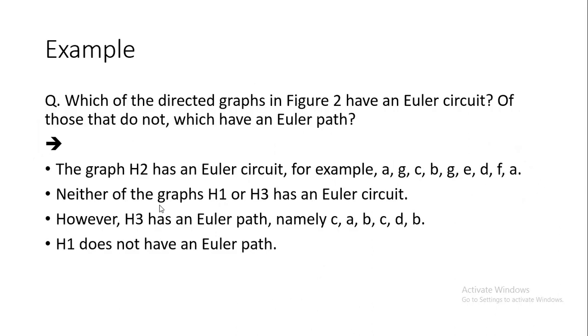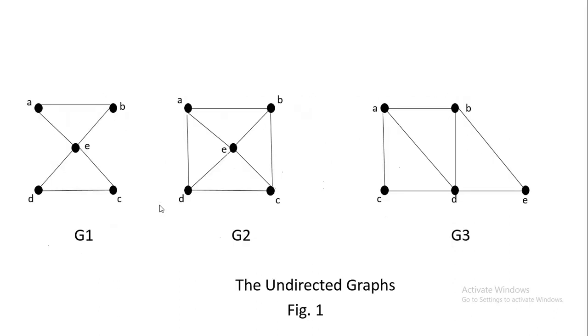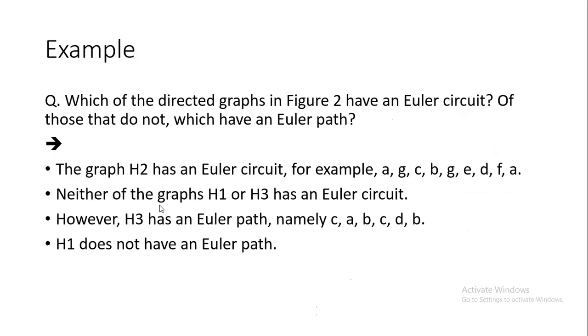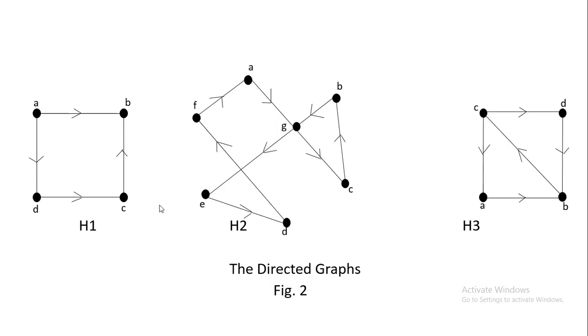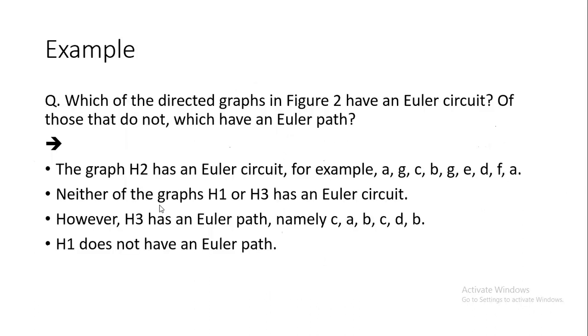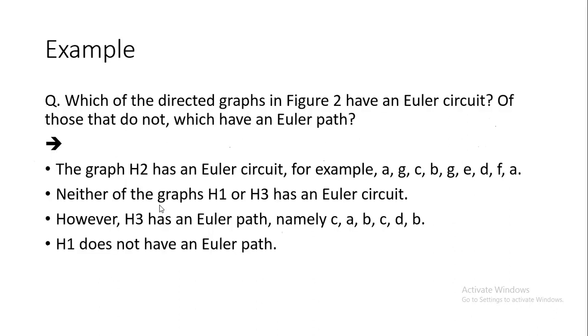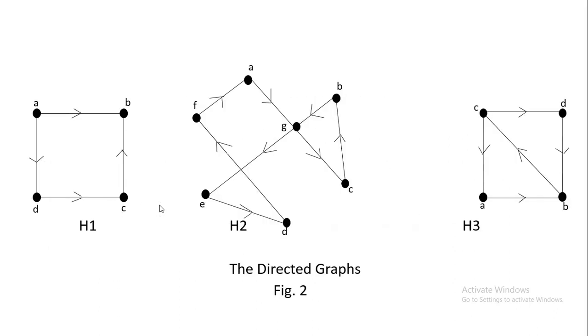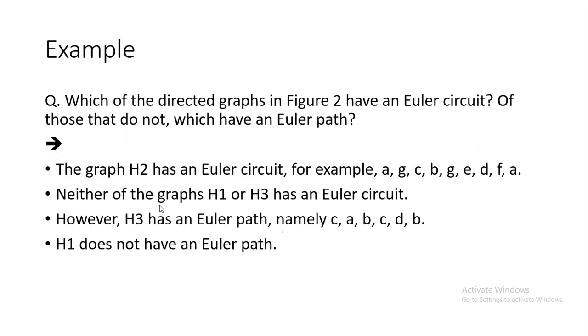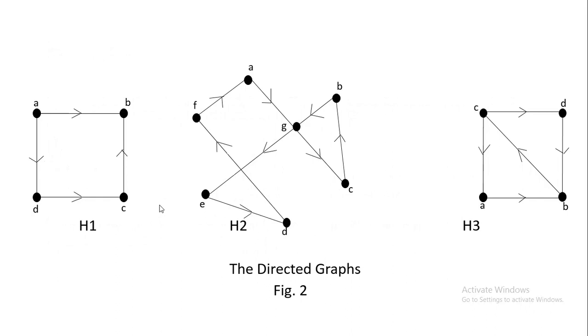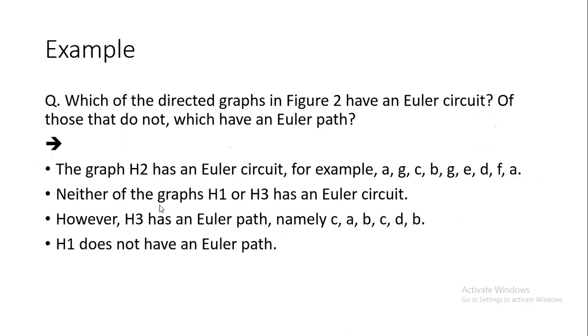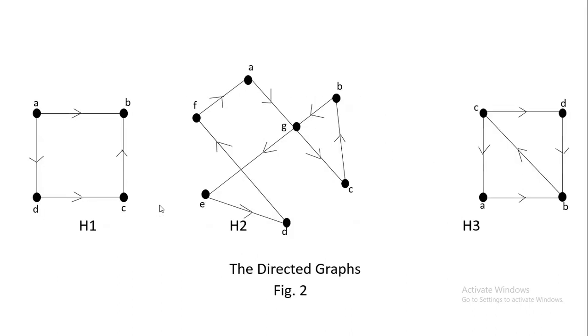AG, GB, then BG, GC, CB, then BG, then GE, then ED, then DF, and then FA.